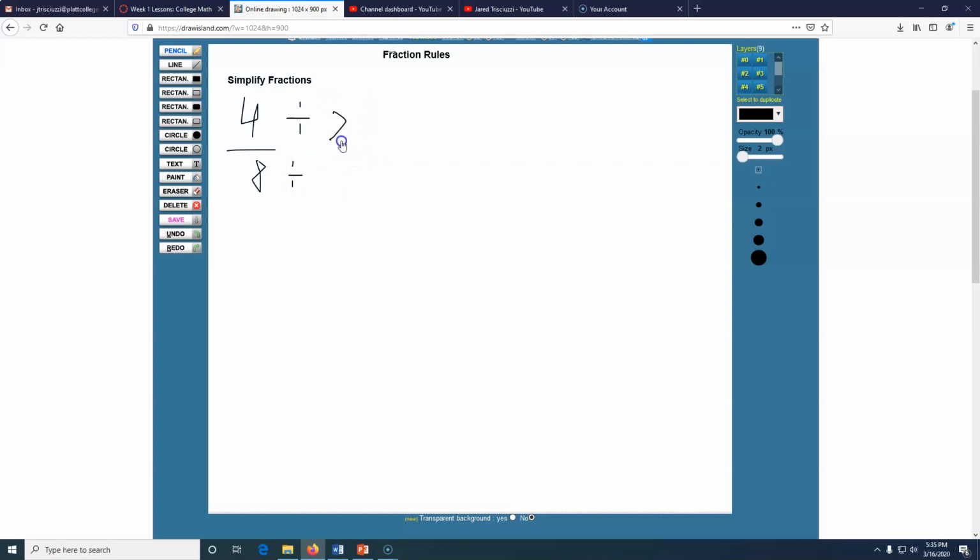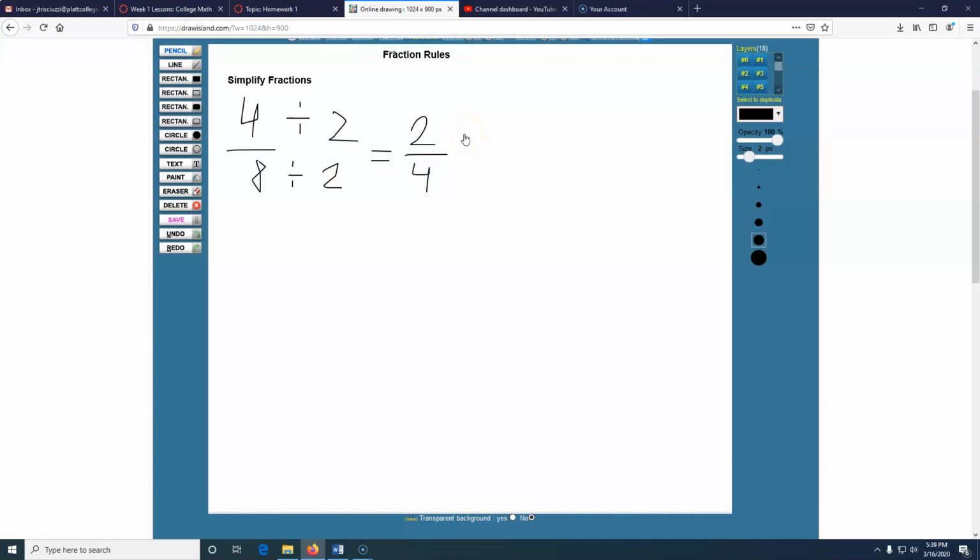And so if we divide both values by 2, what we get is 2 over 4. Now, the thing about simplifying is that once you get your initial answer, you have to check if there's something else that can go in even further.